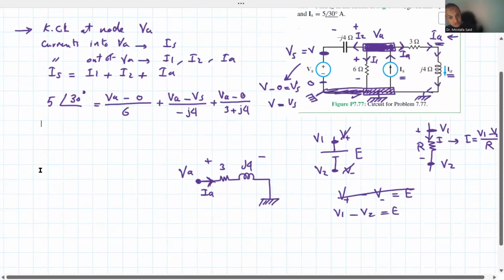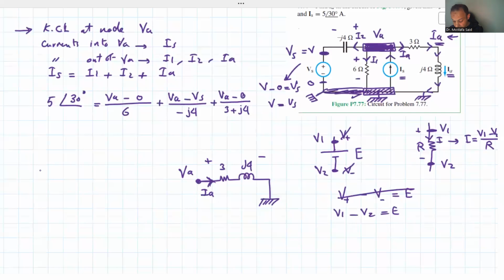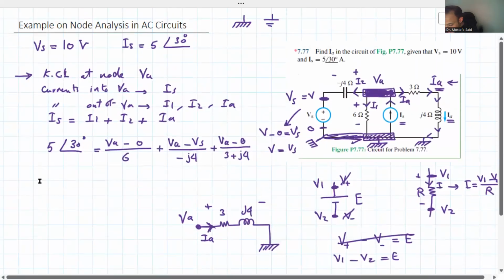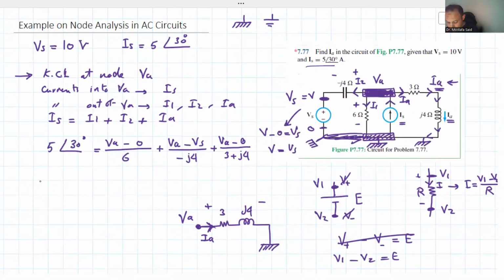Let's review it together. First, the current going into the node is IS, 5 angle 30, which is given in the question here. It equals I1 flowing in 6 ohms, which is the node the current is flowing from, minus the node the current is going to, VA minus 0 because the second one is 0, divided by the resistance.